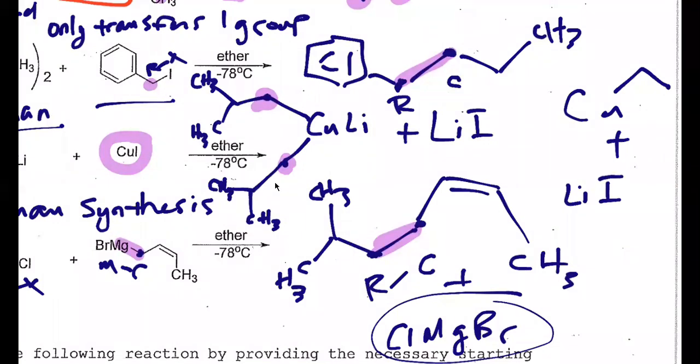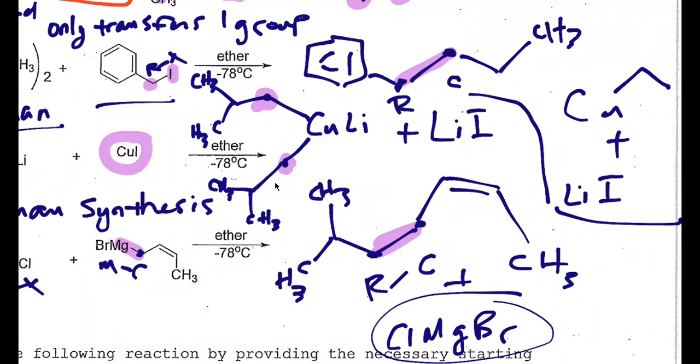All of these are side products from that reaction. So the copper gives up one of the alkyl groups and one stays, and then the lithium and the iodine from here end up together in the product. So that's where the lithium iodide comes from.